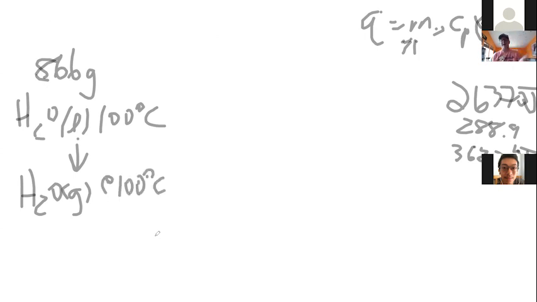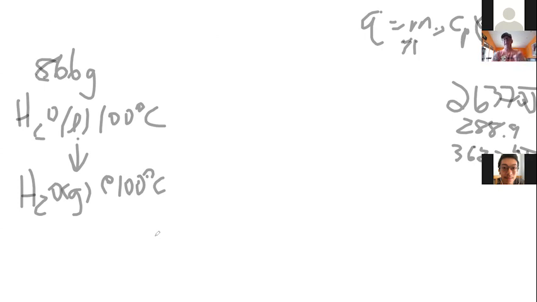So that doesn't happen by itself, remember. You need to keep adding heat in order to convert all that liquid to a gas. You need to break all of those hydrogen bonds that liquid water has. Even at 100 degrees, it still has some hydrogen bonding going on. You need to break all those completely in order to turn it into a gas.